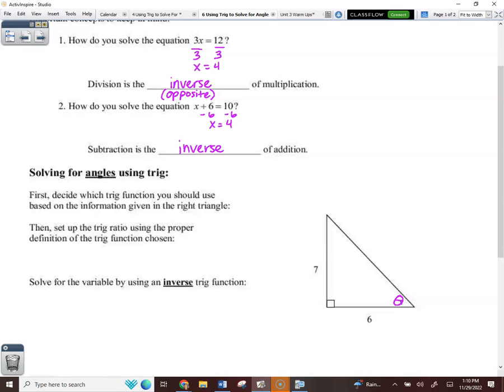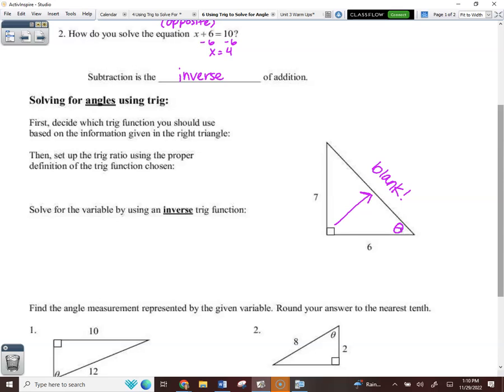I have some notes to take. We're going to draw an arrow from the right angle to the hypotenuse, and it is what? It is blank. I want you to write the word blank, because when the hypotenuse is blank, you're using which trig function? Tangent.